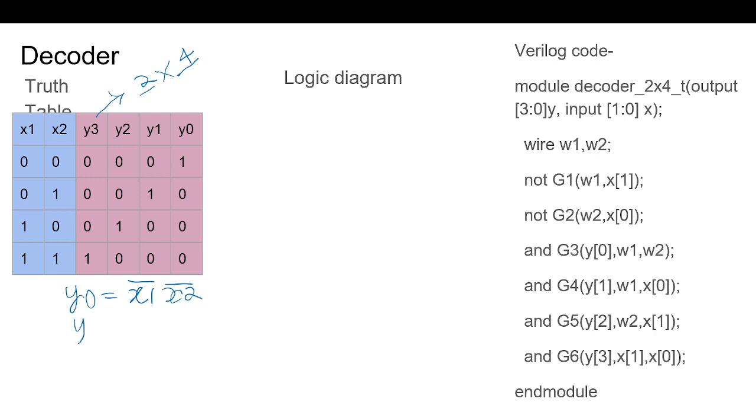In the same way, y1 is 1 whenever x1 is 0 and x2 is 1. y2 is 1 when x1 is 1 and x2 is 0, so x1 x2 bar is the equation for y2. And y3 is 1 when both are 1, so x1, x2.